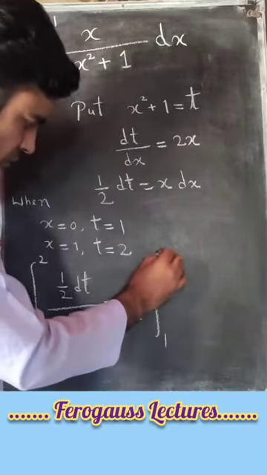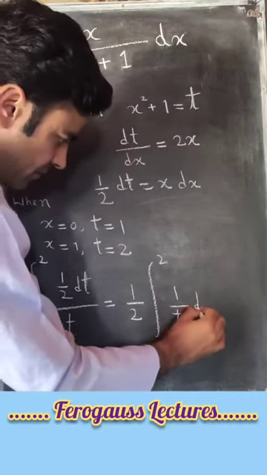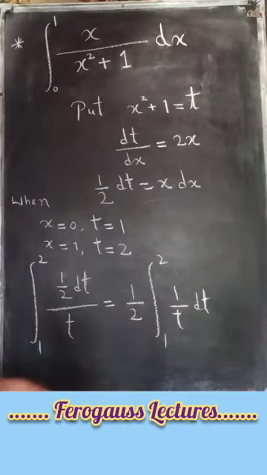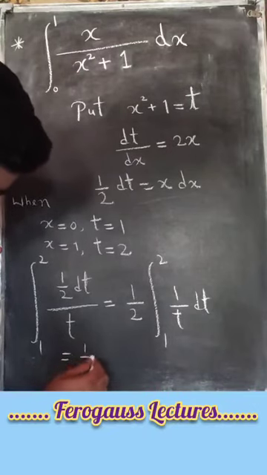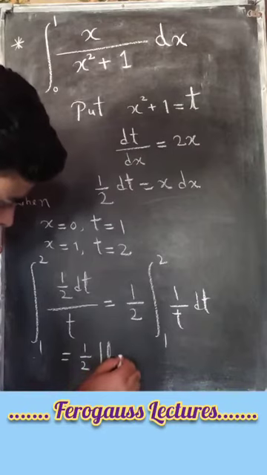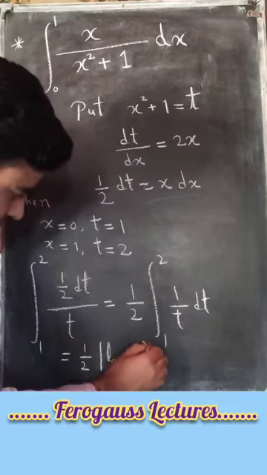Then we have the integral from 1 to 2 of 1 by t dt. We know that the integration of 1 by t is equal to log of t, so this is equal to 1 by 2, the constant, times log of t with limits from 1 to 2.